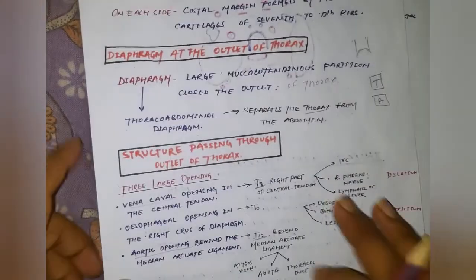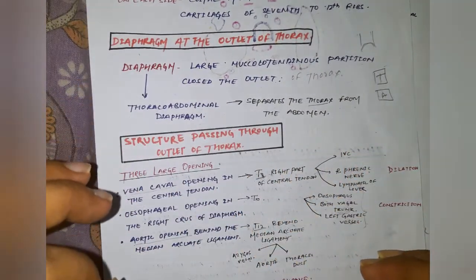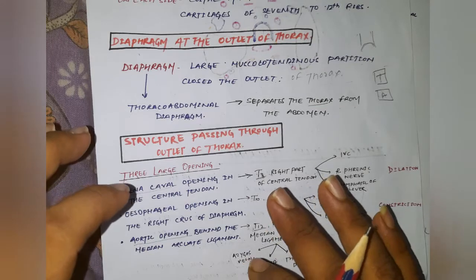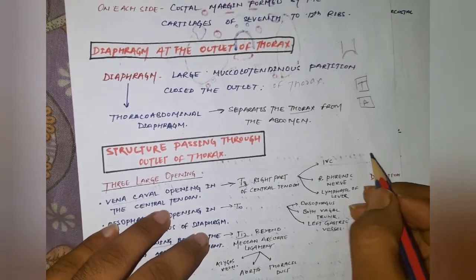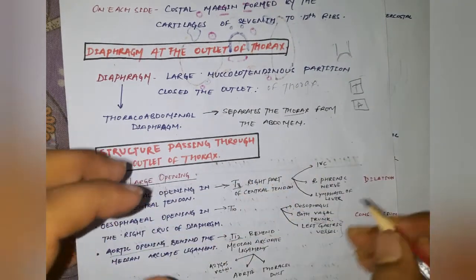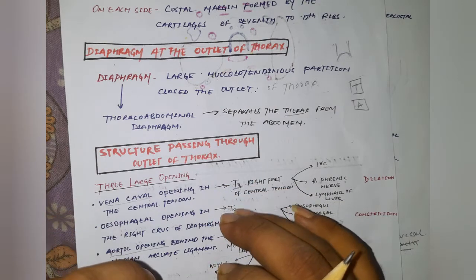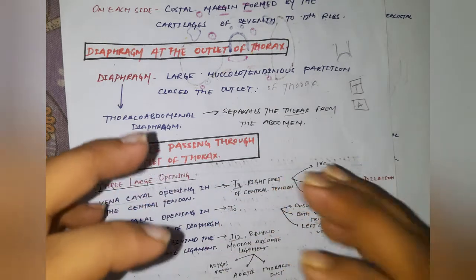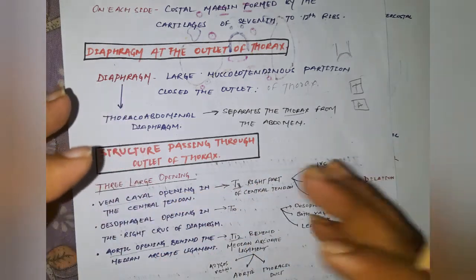These are the three large openings. When these three openings constrict, meaning contraction, what effects are seen? First, when the vena cava opening contracts, we see dilation occur in this opening.